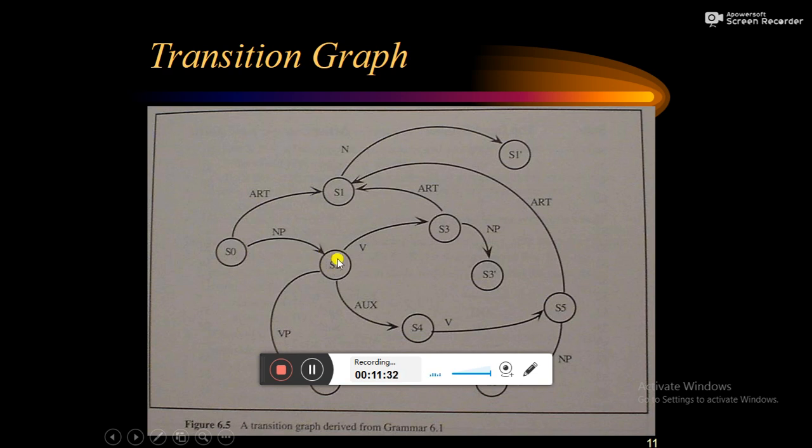When after getting NP you get V, then the action to be taken is shift to the S3 state. If you get NP again, in that case it is going to move to the S3 dash state. Once it goes to the S3 dash state, it will perform the reduce operation.